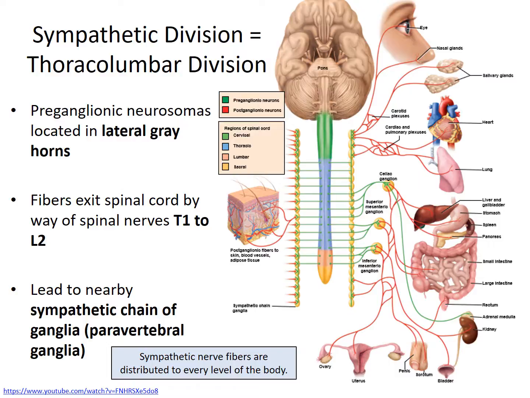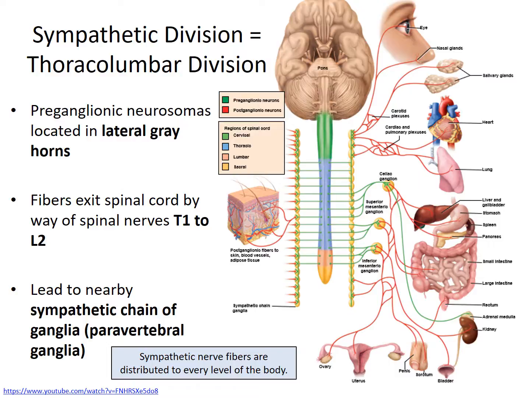Oftentimes, the sympathetic nervous system is called the thoracolumbar division because the fibers exit the spinal cord by way of thoracic nerve 1 to lumbar nerve 2. From T1 through T12 to L1 and L2 are where the nerve fibers for the sympathetic nervous system are going to exit the spinal cord.